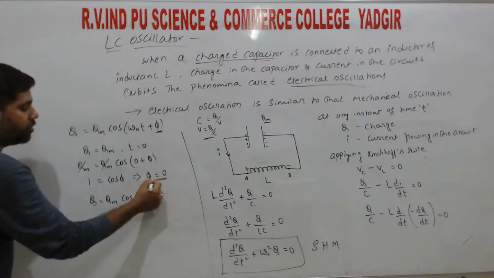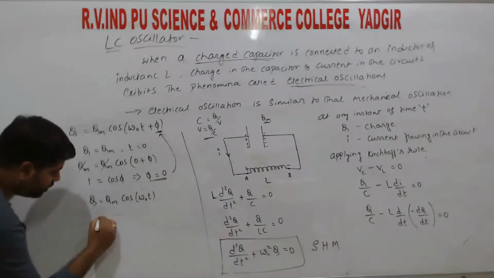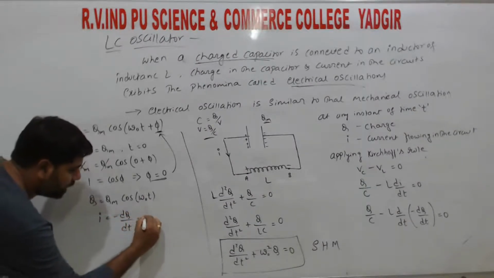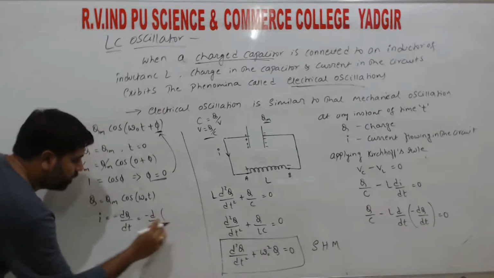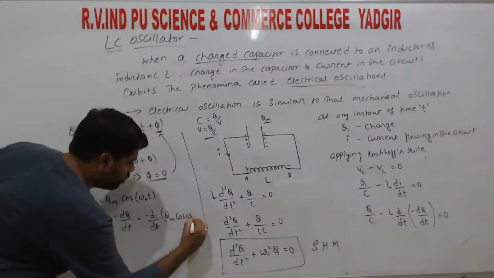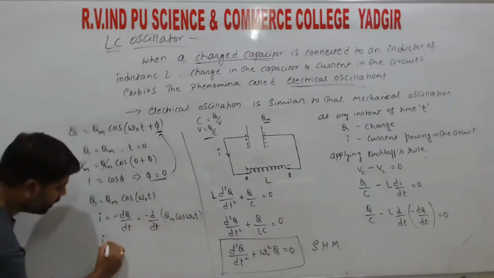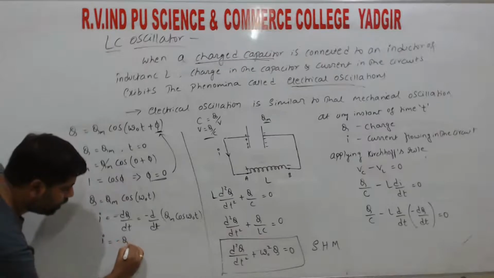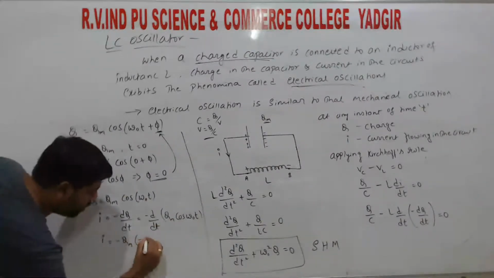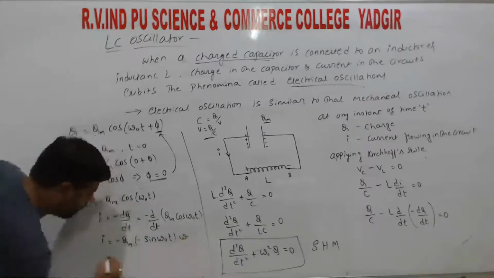Substituting this pi value here, again from the relation we wrote, I is equal to minus dq by dt. So minus d by dt of q, we know the value of q, that is qm cos of omega naught t. Differentiating this equation, we get minus qm taken outside. The differentiation of cos is minus sin, so minus sin omega naught t into omega naught, right?